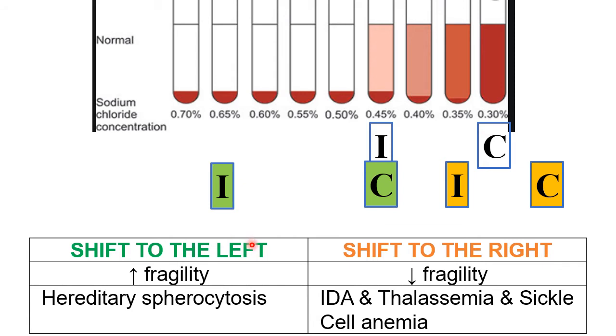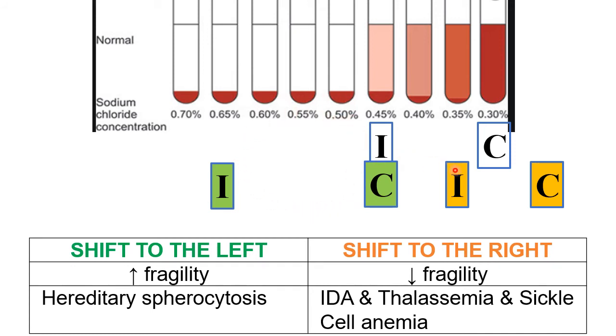Kapag merong shift to the left, ibig sabihin, mas fragile or increased fragility, yung increased membrane fragility, which happens in hereditary spherocytosis. Agad pumuputok at 0.65, no? And then makukomplete at 0.45.